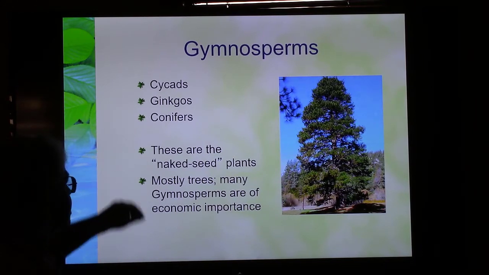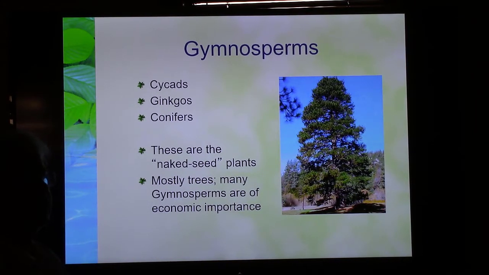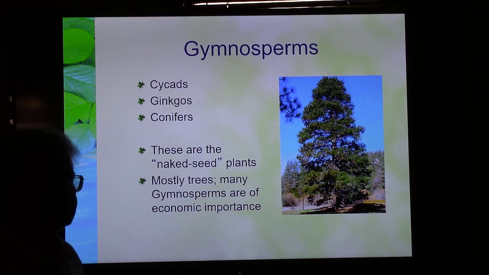What is the most common conifer in Leon County? Cedar. Yeah. There's some pine trees. The farther east you go to the edge of the county, the more pine trees you're going to see. But cedar is our most common conifer.